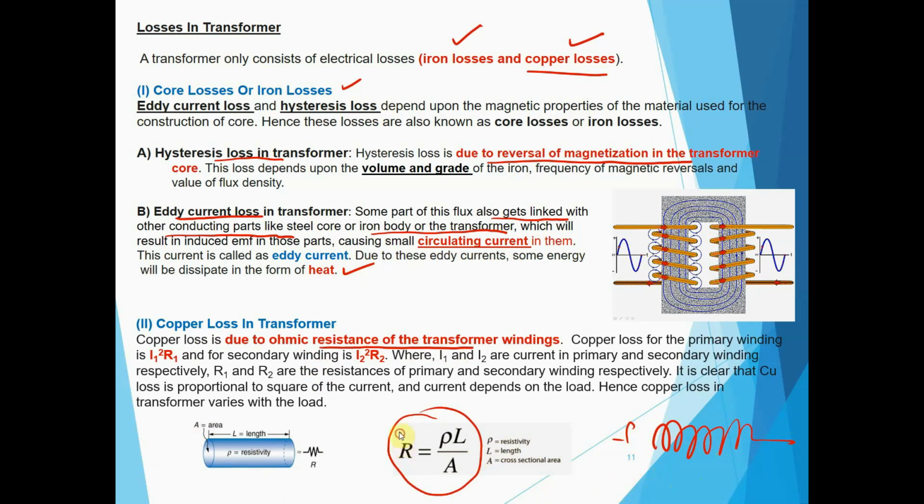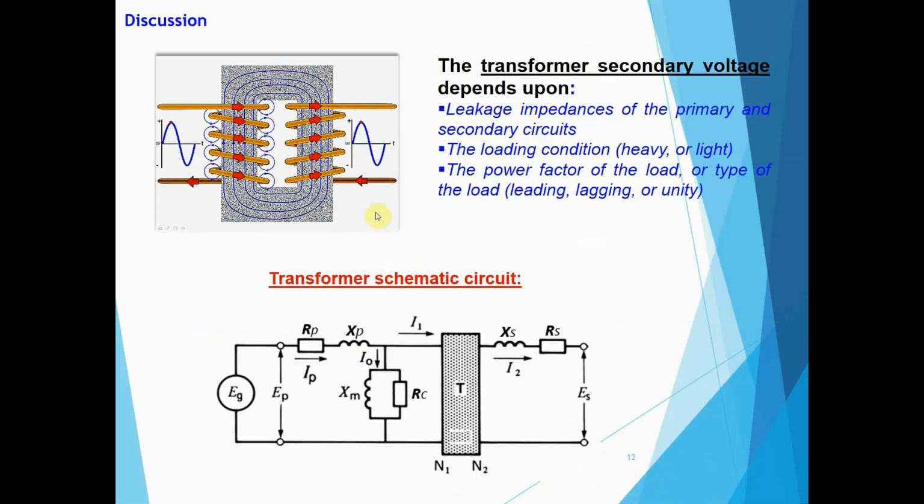So aside from the resistance, due to the cross-sectional area and length, there is also an inductance in the transformer. These are the losses that affect the secondary voltage.